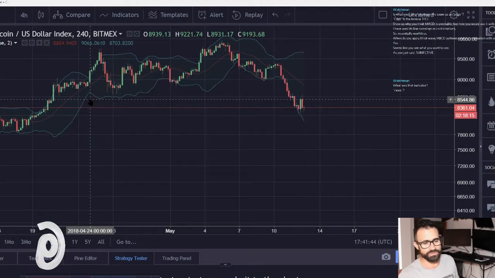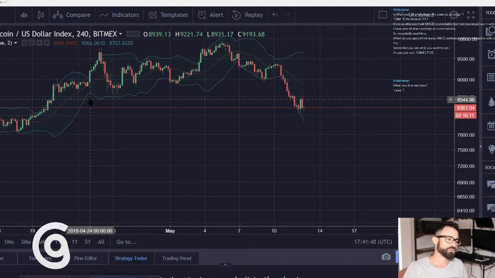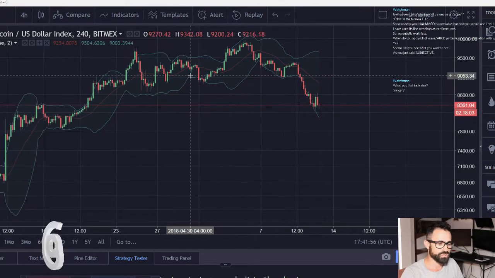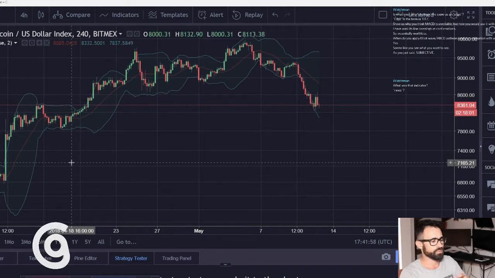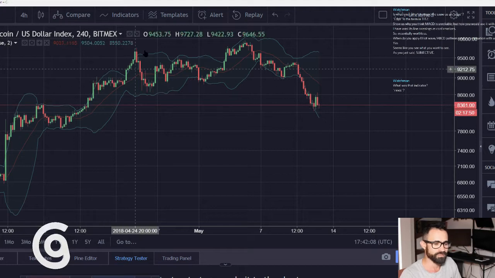Bollinger Bands were developed by John Bollinger. He's on Twitter if you want to follow him. I think it's just @bbands or something. Just type in John Bollinger. What they do essentially is issue a channel about 2 standard deviations from the price, from the median.